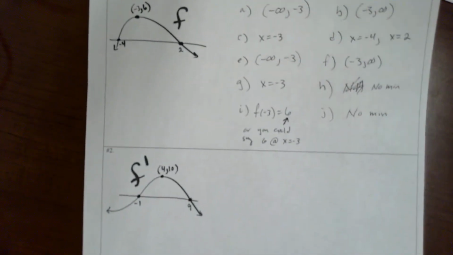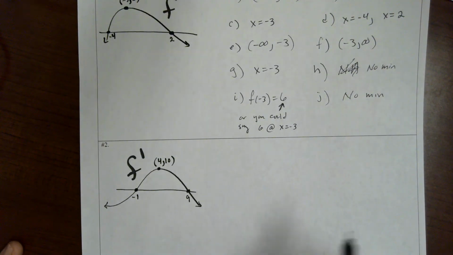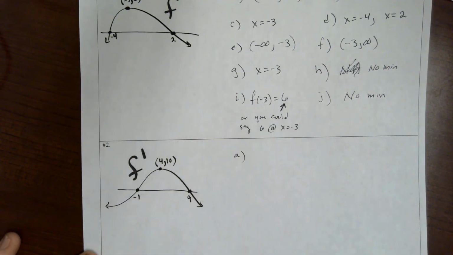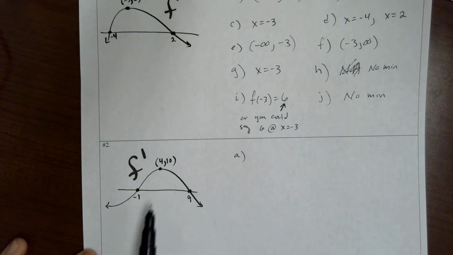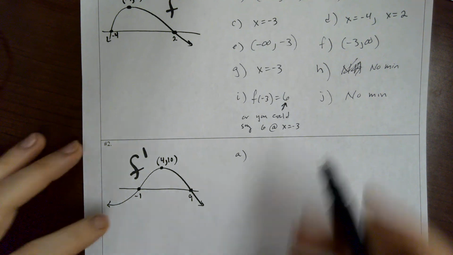All right, now let's do this one. Here, this is F prime. For A, F prime is greater than 0 on, well guys, this is the graph of F prime. So if we're looking at the graph of F prime, it's going to be greater than 0 when it's above the x-axis.